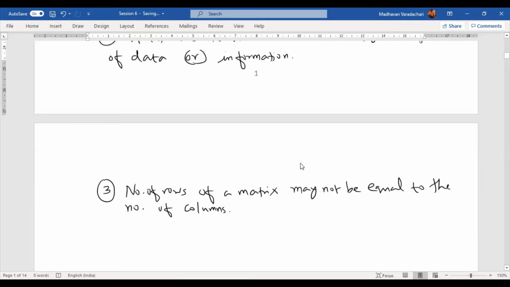Generally, any matrix is denoted by English capital alphabet. So I'll write that.